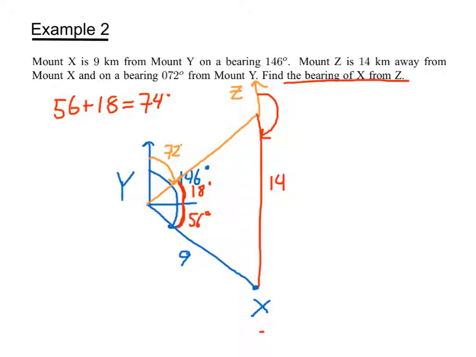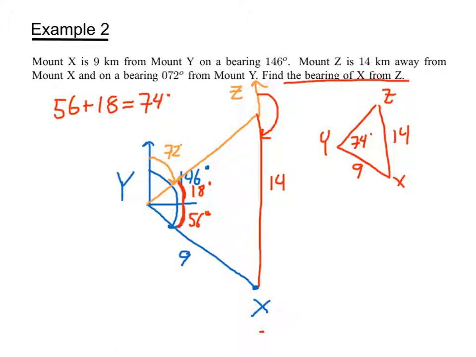So let's redraw our triangle here. We have Y, X, and Z. I know that this is 74 degrees. I know the length of this side is 9 and the length of this side is 14. Well, notice I have a side opposite an angle and another side, which means using the sine rule I can find this angle here.